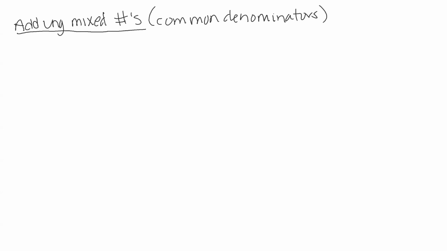So hopefully with the fractions that we've already done in this video, we can see that adding and subtracting fractions is so very different than multiplying and dividing fractions. The same is going to be true about mixed numbers. When you are multiplying and dividing mixed numbers, you have to convert to improper fractions.